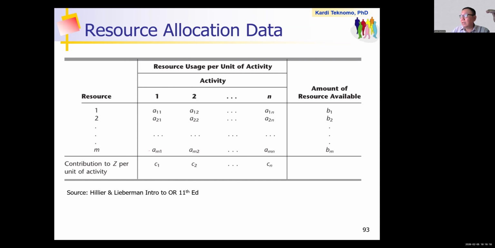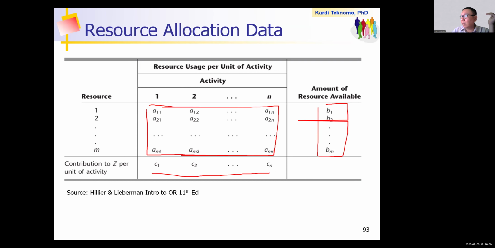Then these are the data that you need to have as your constraint. This is the left-hand side of your constraint, and this is the right-hand side of your constraint. And then at the bottom here, for each activity, this is the coefficient of your objective function. So to summarize, any type of linear programming, you will have this kind of data.